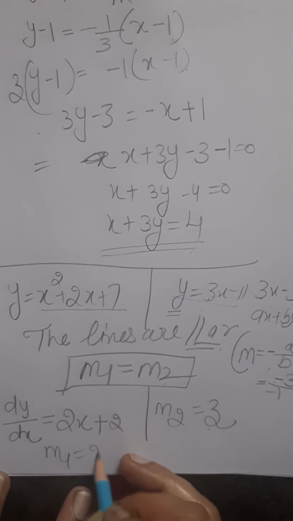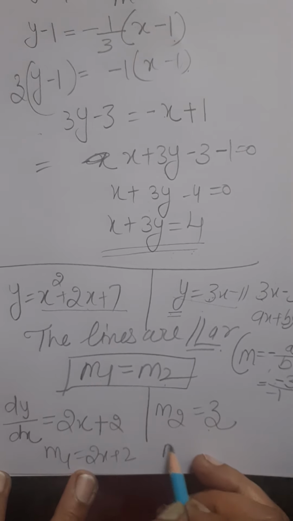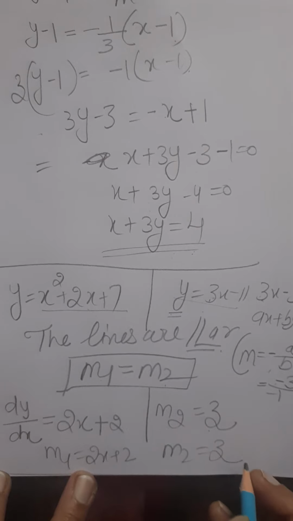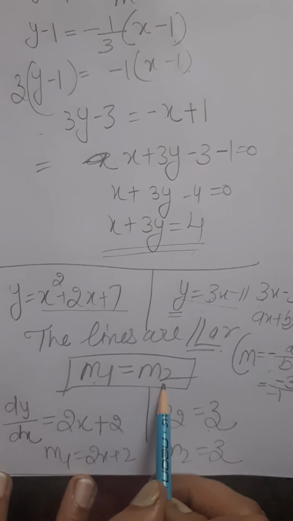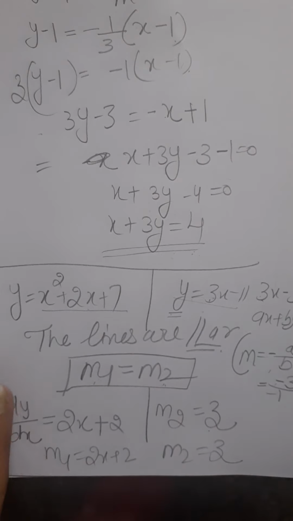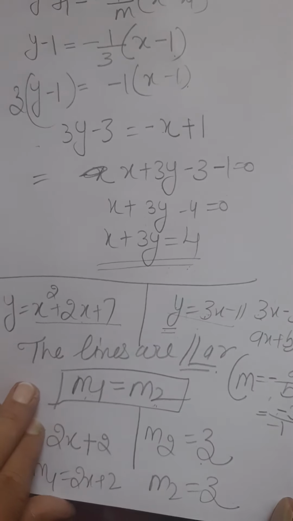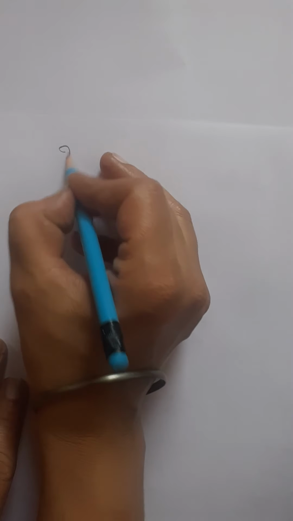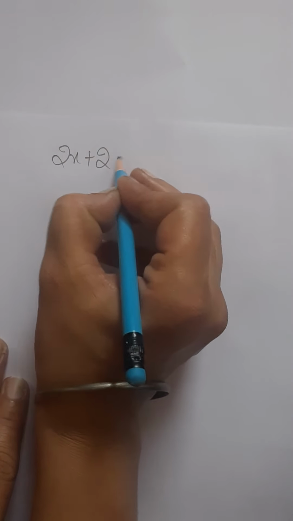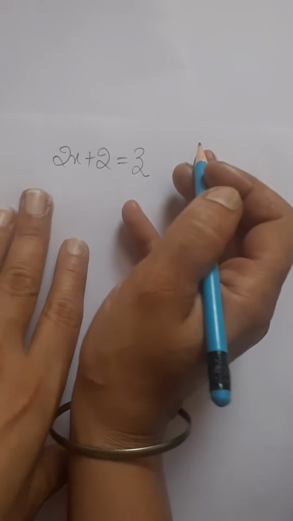m1 is equal to 2x plus 2, and m2 is equal to 3. For the parallel lines, you write m1 is equal to m2, and you put in the values of both. Then you get 2x plus 2 is equal to 3.